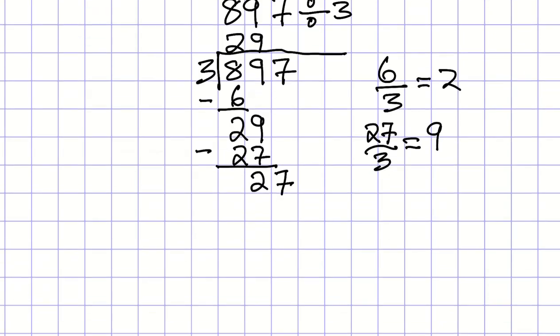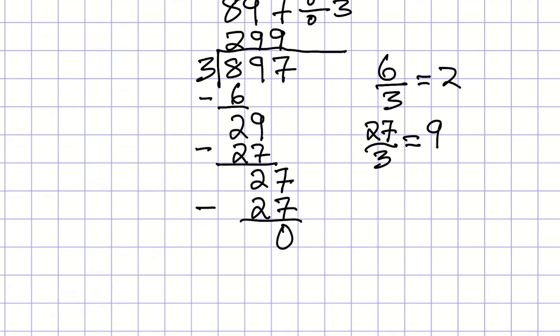And then 3 divides 27, yes, it will go into 27 9 times. You put the 9 here. I said 9 times 3 is 27, and then you subtract. Put the subtraction sign here. That's where I like to put it, and then you get 0, right? And then we're done, because the remainder is 0.